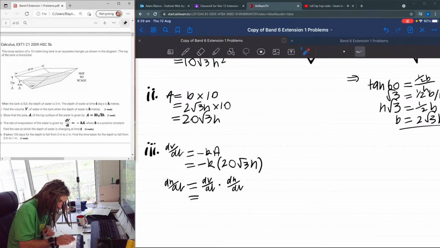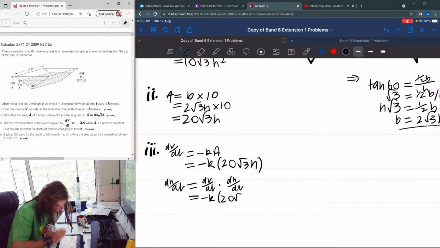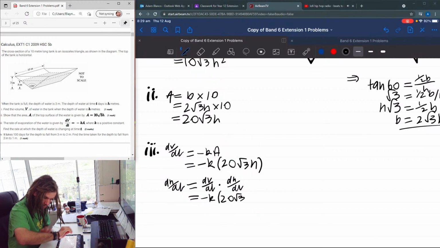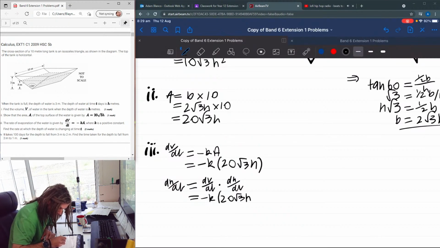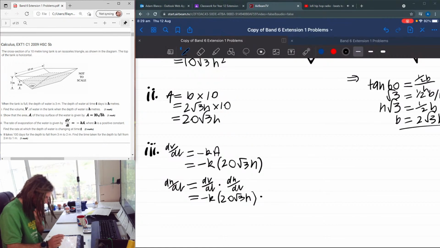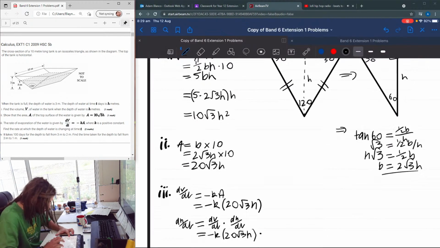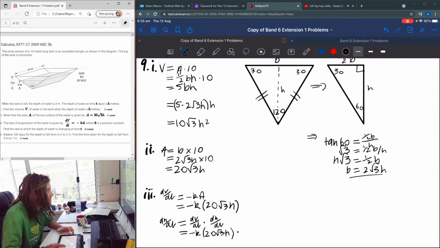Obviously I know what dV dt is, that's this. So I'll just fill that in, minus K, root 3, sorry, H, and then times dH dV. So I don't have an expression for dH dV, do I?